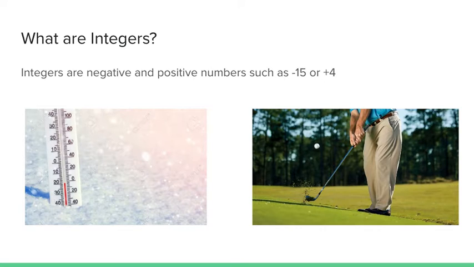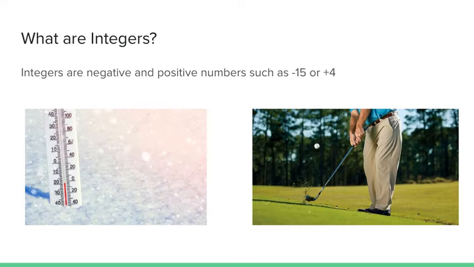Now, integers are a math concept that we see all around us on an everyday basis. On your screen here, you'll see a couple of examples. We'll see temperature as one. Some of us measure temperature in Fahrenheit, others use Celsius. Let's just use Celsius for the sake of this example. We know that the freezing mark in Celsius is right at 0 degrees Celsius.